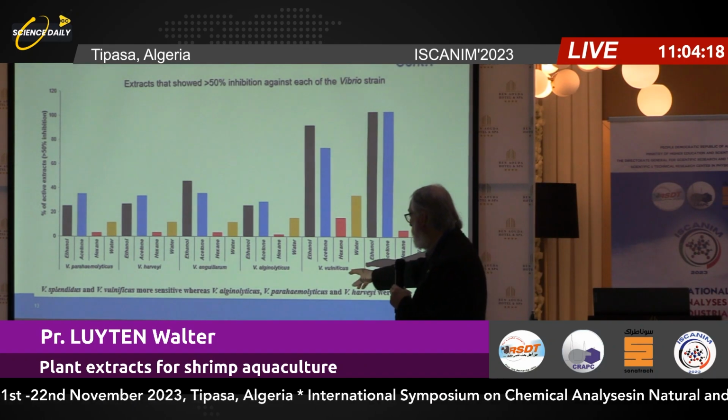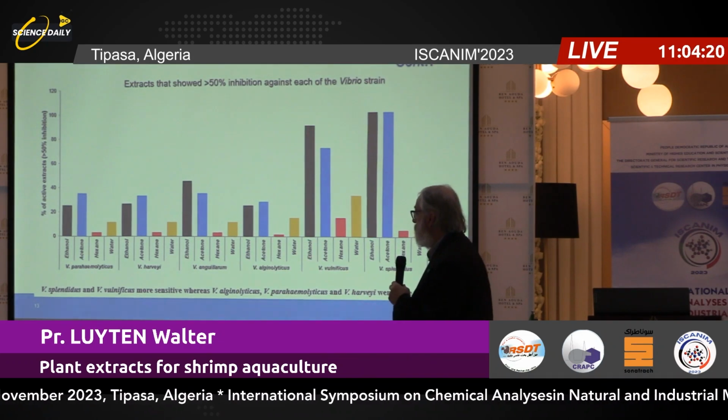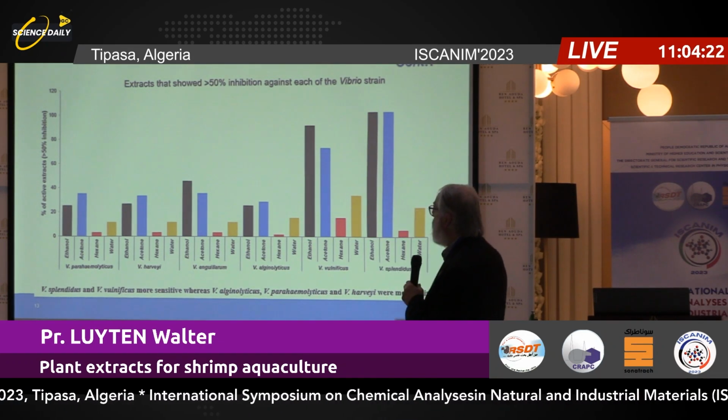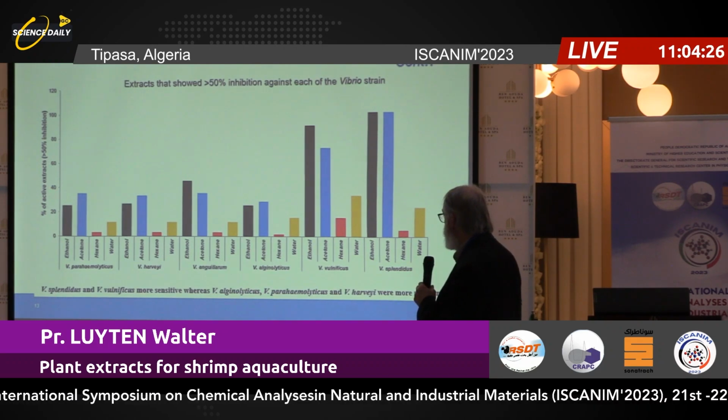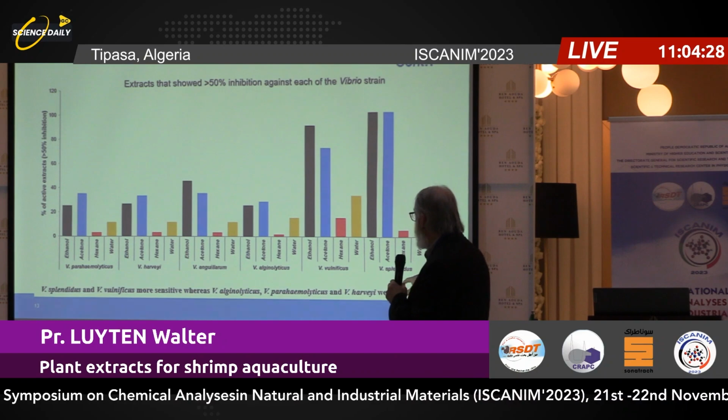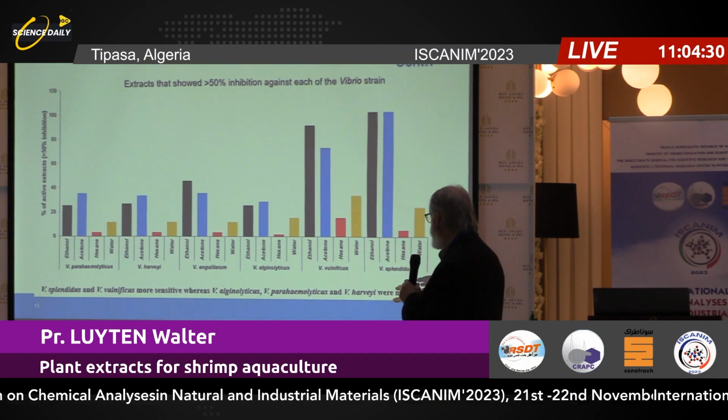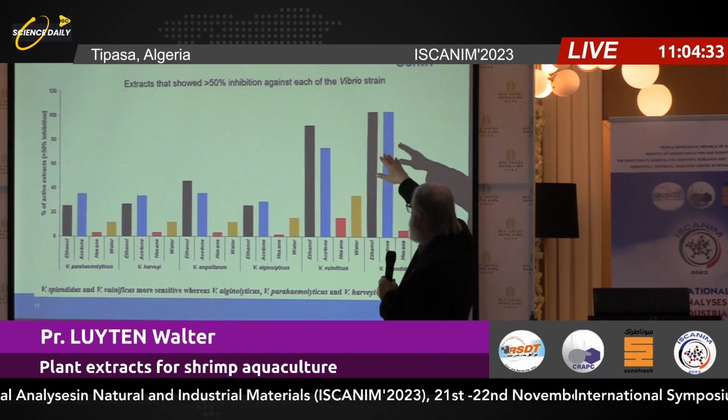So these are the 6 Vibrio species that we tested, and we plot the number of extracts that were active against these different species. So you see that some of these Vibrio species, like the Vulnificus and the Splendidus, are quite susceptible.